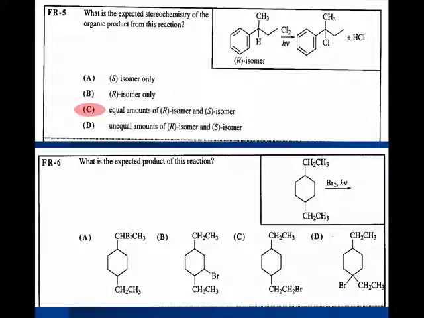How about FR6? What is the expected product of this reaction? What do we remember about the differences between free radical bromination and free radical chlorination?